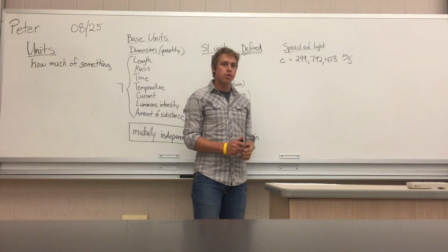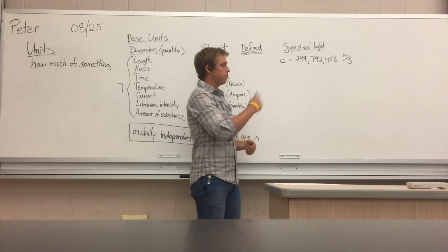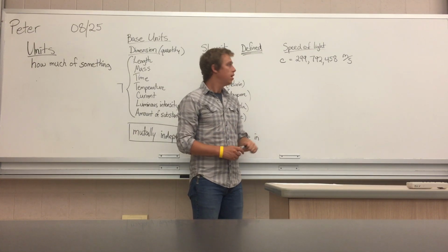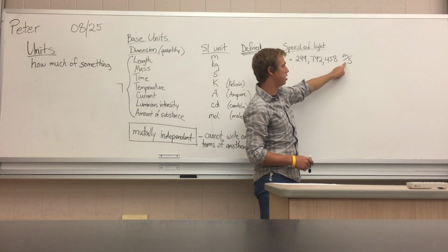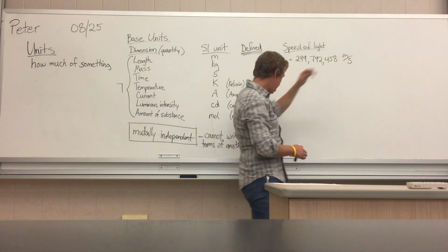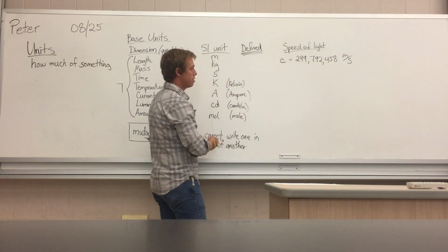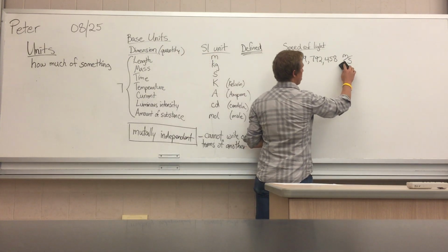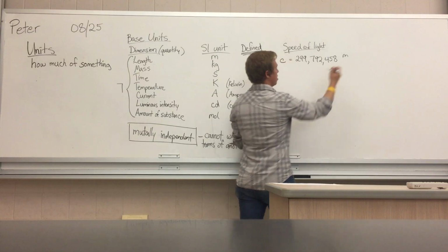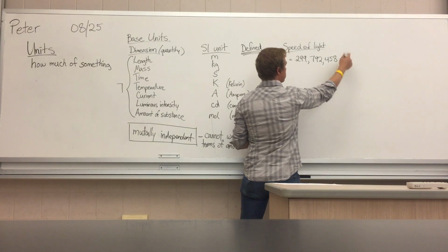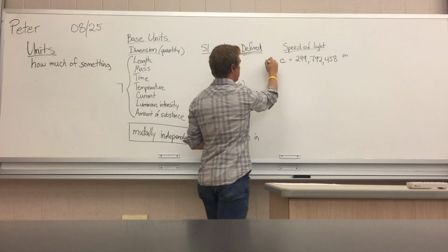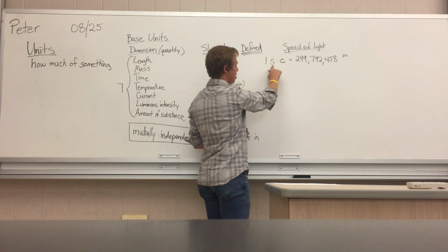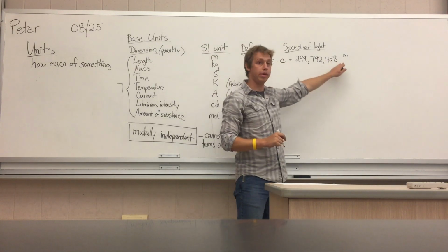So what we can do is we can flip the script. This is 1 meter over 1 second, that's what the unit means here. If I multiply both sides by seconds, I'm going to get rid of this s here, it cancels on this side, and here we get it on this side. 1 second times the speed of light is that many meters.